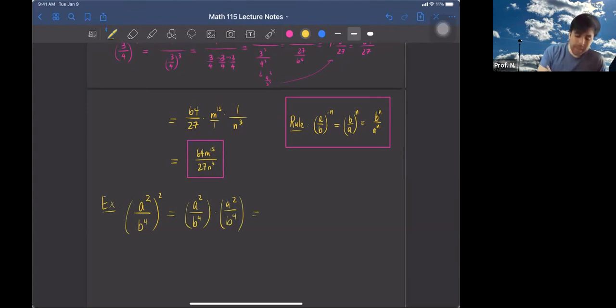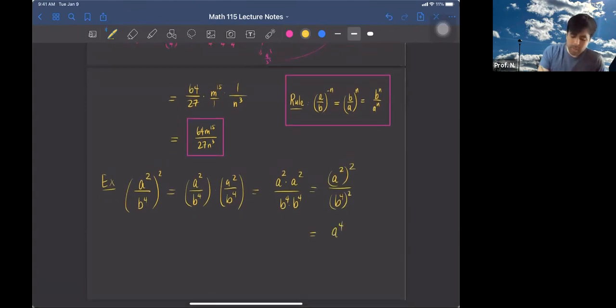And then I can multiply the fractions as a squared times a squared over b to the fourth times b to the fourth, which is the same thing as saying a squared squared over b to the 4 squared. And if you do a squared squared, you multiply the exponents. B to the 4 squared, you multiply the exponents.